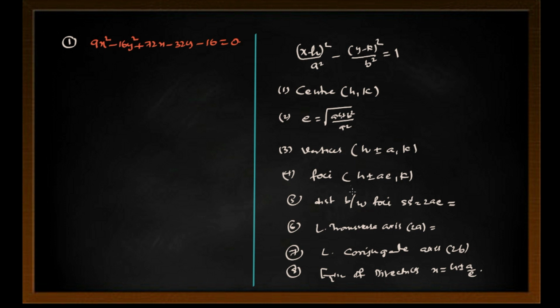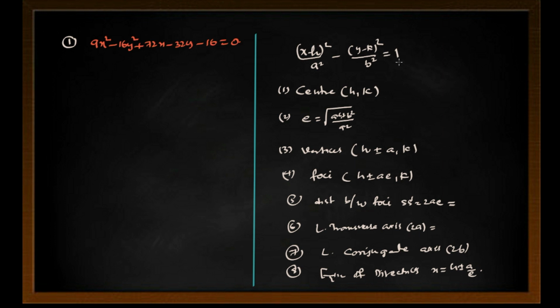Using these 8 values we can find many more things. So these are the basic things we need to prepare well: center, eccentricity, vertices, foci, distance between the foci, length of transverse and conjugate axes, length of latus rectum also, and equation of directrices.